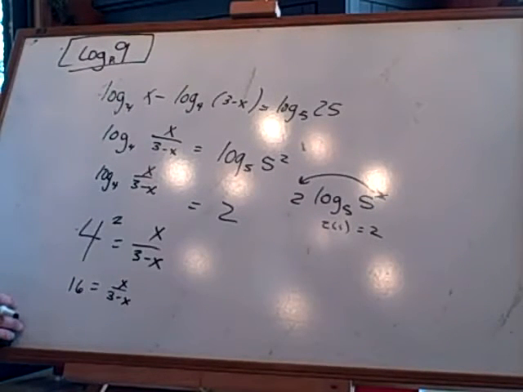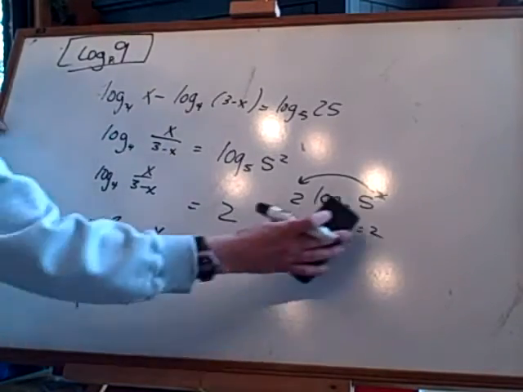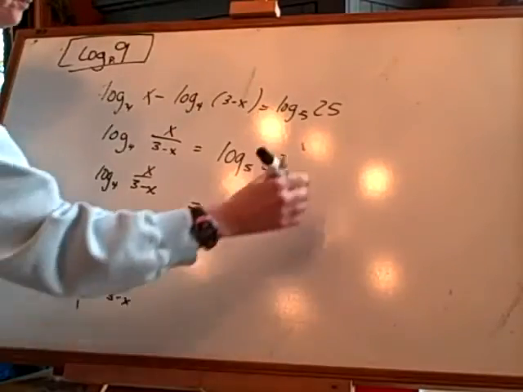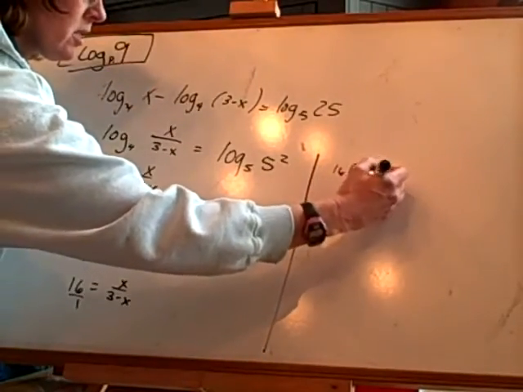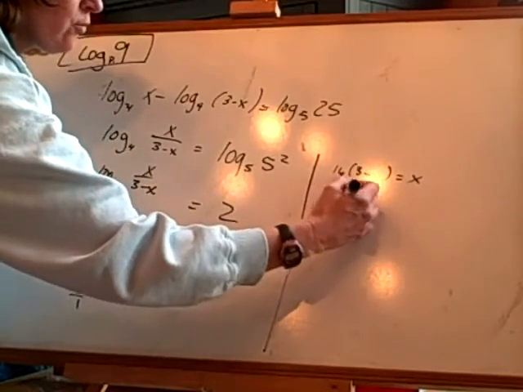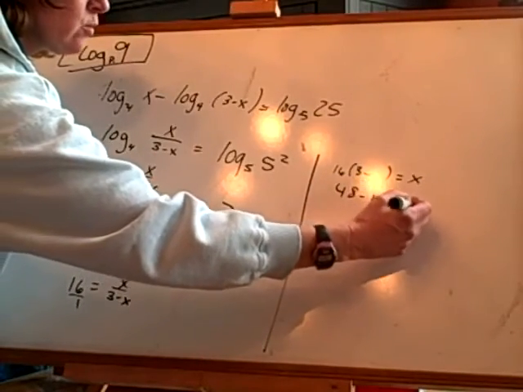There's a couple different ways to do this. You could set it over 1 and cross multiply like we did before. I'm going to erase this part over here so I can continue. So I'm going to end up with 16 times 3 minus x equals x. So 48 minus 16x equals x.